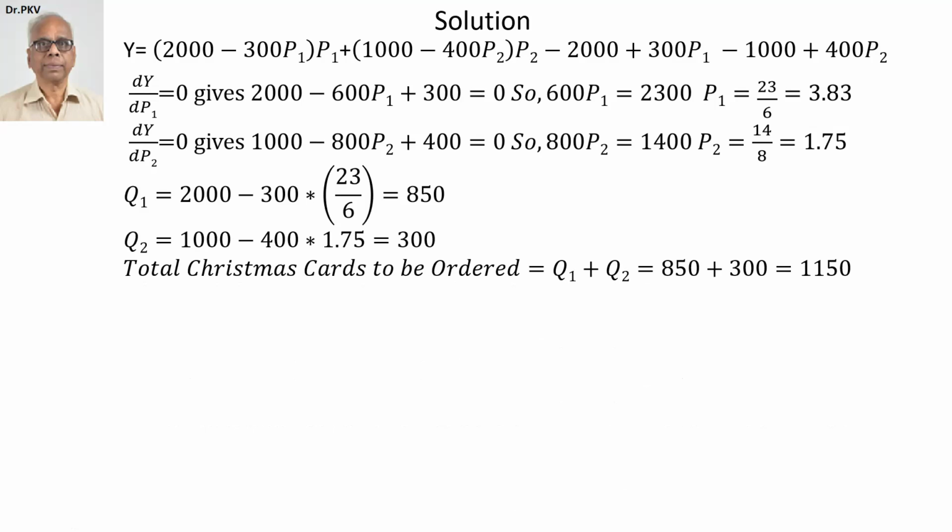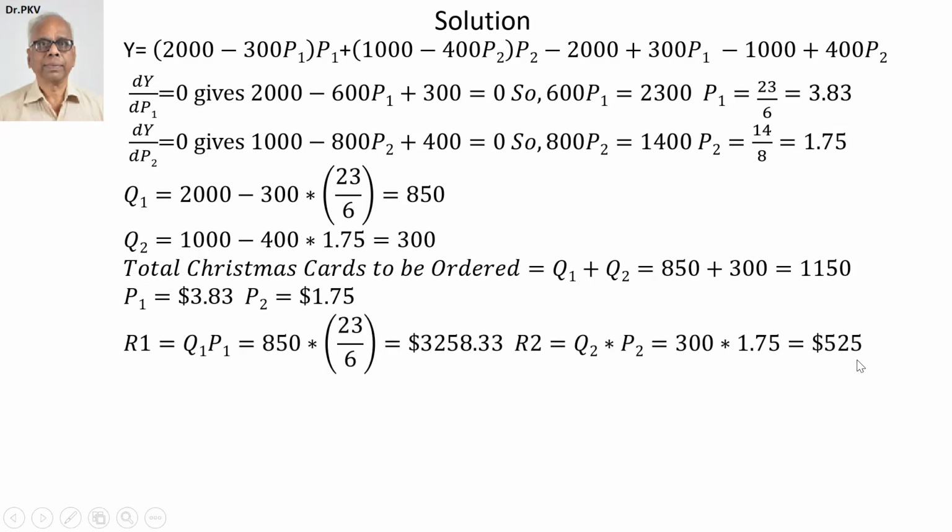You get the point? P1 is equal to $3.83. P2 is equal to $1.75.